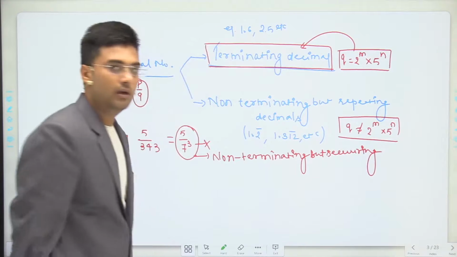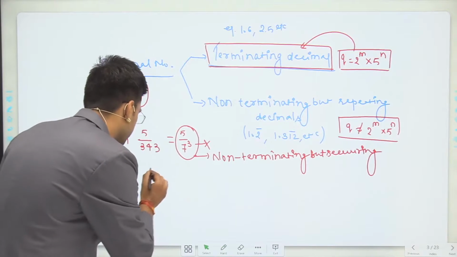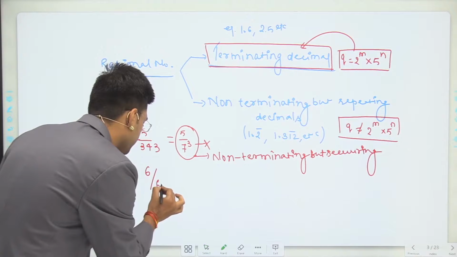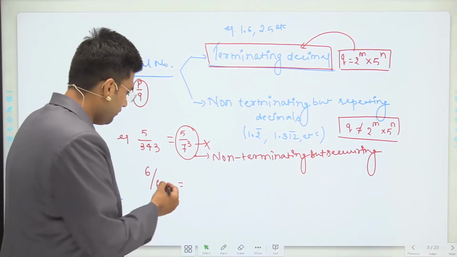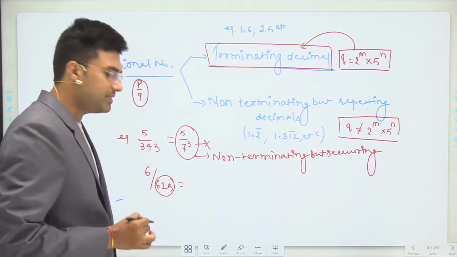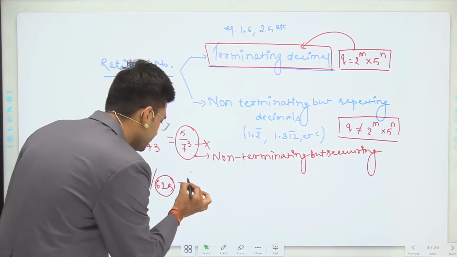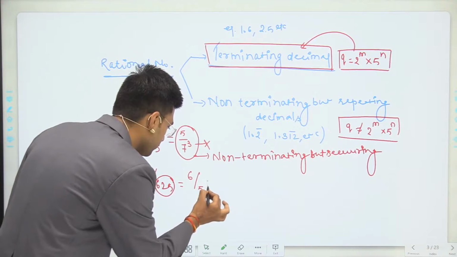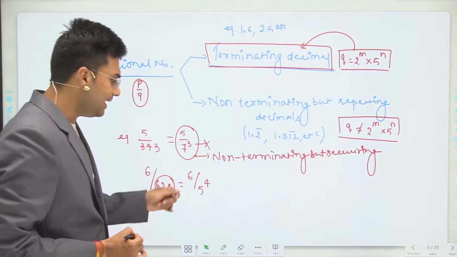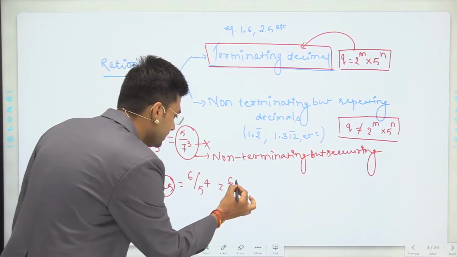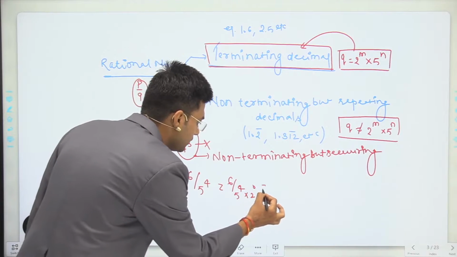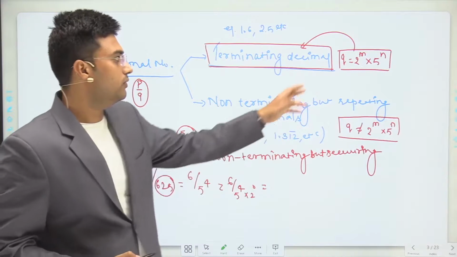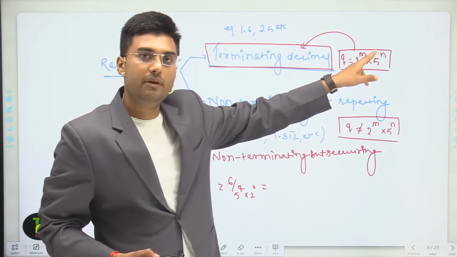Clear? Now let's take one more example. 6 divided by 625. When we prime factorize 625, we will get 6 divided by 5 power 4. Now we can write it as 6 divided by 5 power 4 multiplied by 2 power 0. Now it is in the form of 2 power m multiplied by 5 power n.